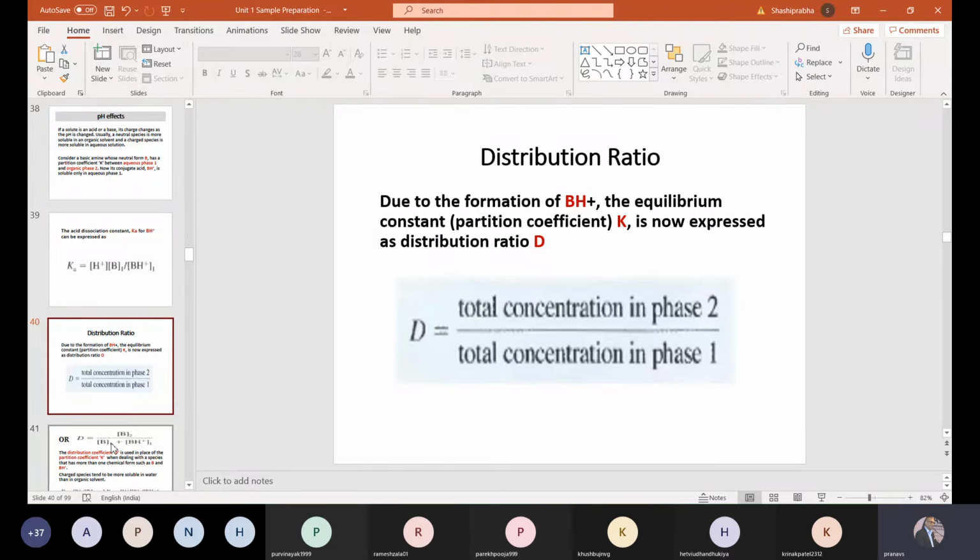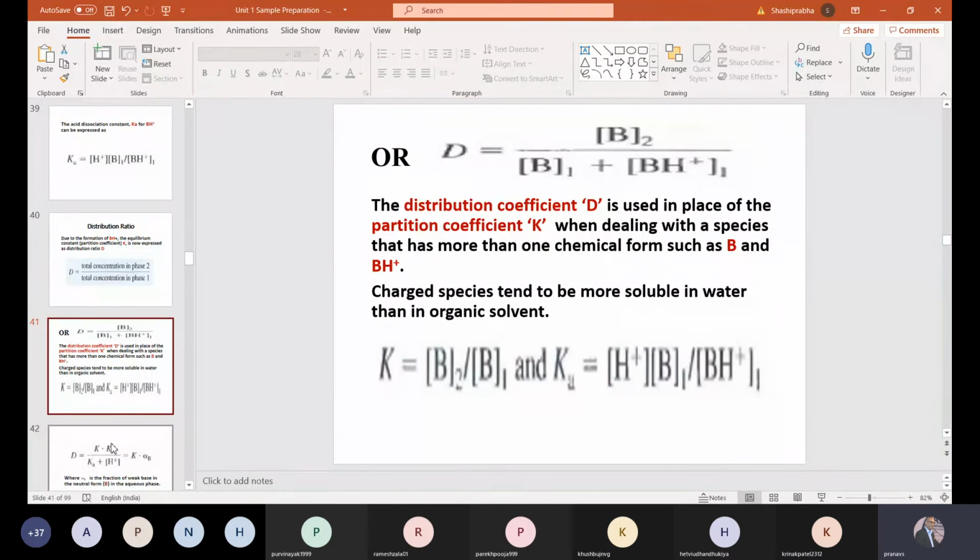Therefore, the distribution ratio would be equal to the concentration of base in the organic phase, B2, divided by the concentration of the base in the aqueous phase, B1. This is what we expect, but we will also find some concentration of BH+ as well.